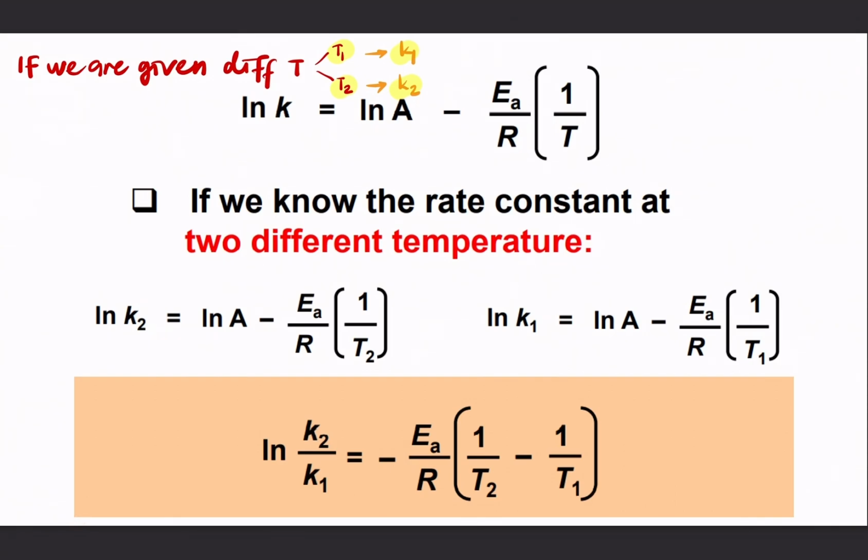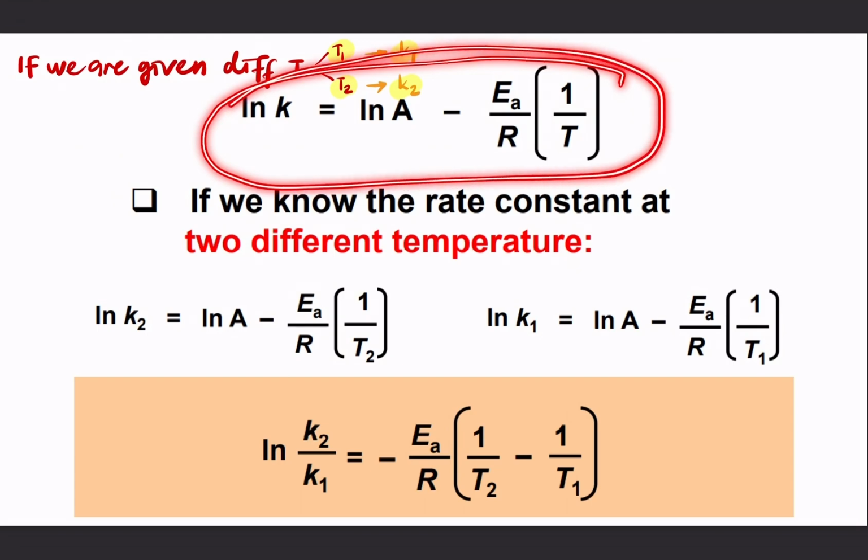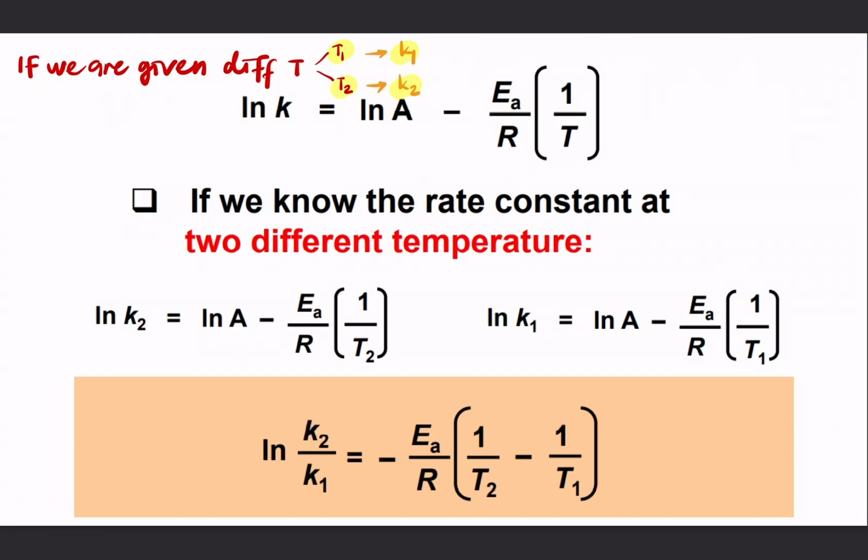Alright, if we are given different temperatures, let's say you are given T1 and K1, and then you are given T2 but not K2, then you will be using the Arrhenius equation, putting in K2 and T2, K1 and T1. So for this temperature you will have this rate constant, and for that temperature you will have that rate constant.